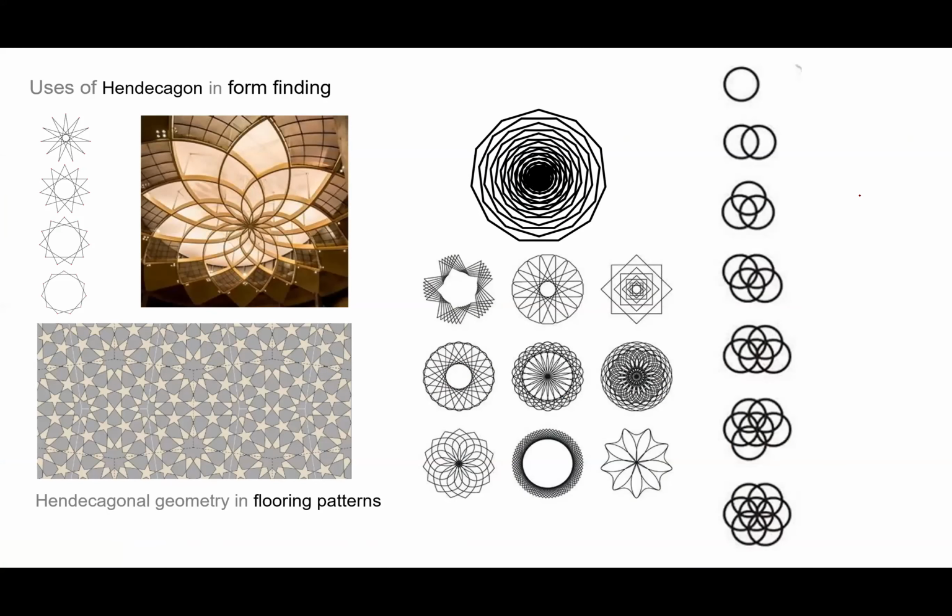This is a project which we have been working on. There's a temple project in India. It's a real project where we used Spirorat in some manner of creating a flooring and a spatial form. This particular project was actually based on a hendecagon, which is an 11-sided polygon.